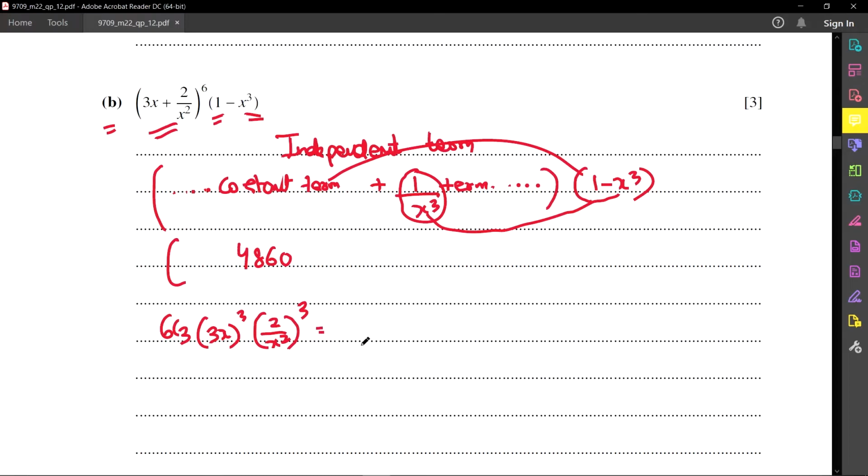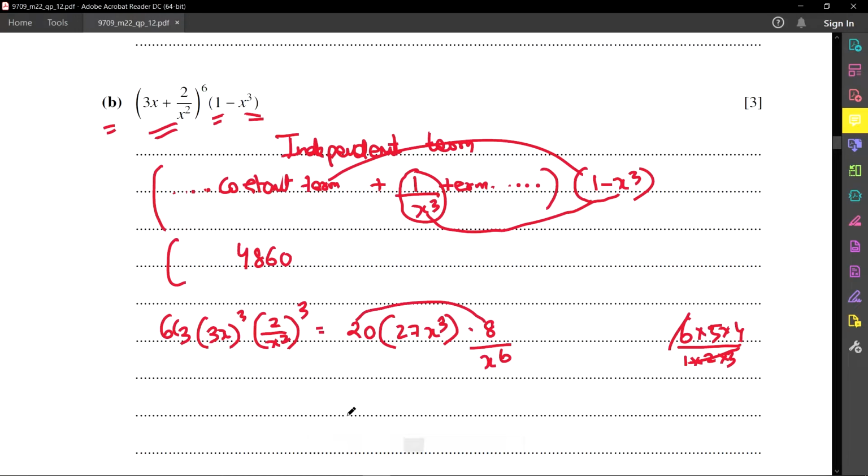Again, use a calculator or mental math. 6c3 is 6 into 5 into 4 by 1 into 2 into 3. 6 cancels, 20. So 20. 3 cube is 27. x cube times 2 cube is 8 by x power 6.